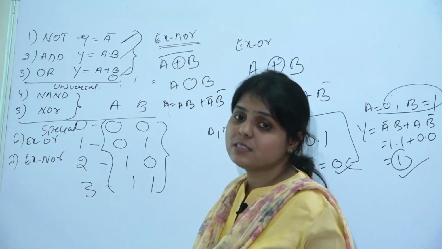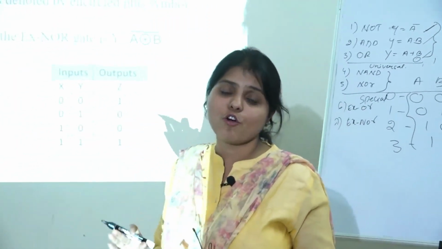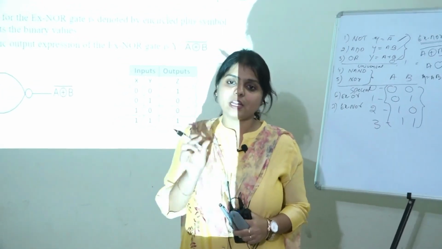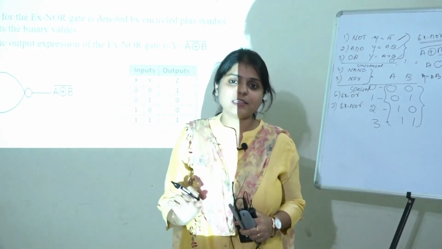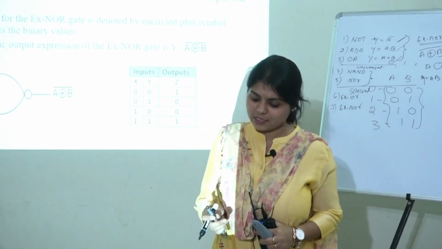These are the 7 logic gates which are the basic building blocks of any digital circuits. If you understand all these logic gates along with their symbols, their functionality and truth tables, you can design any digital logic circuit.